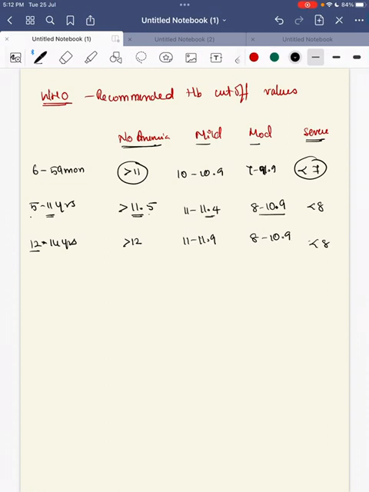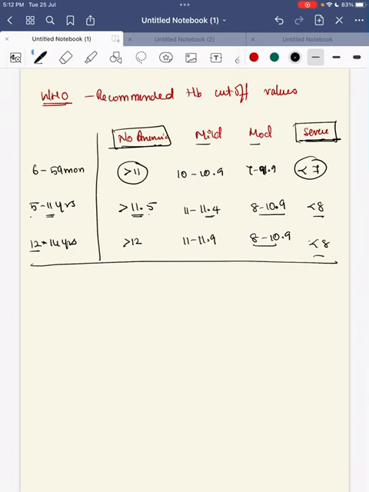This is the same in both categories, that is 5 to 11 years and 12 to 14 years. So you have to remember at least the no anemia category and the severe anemia category for 6 to 59 months, 5 to 11 years and 12 to 14 years. This is about the WHO recommended hemoglobin cutoff values.